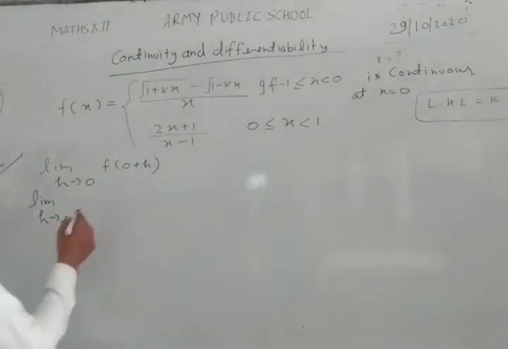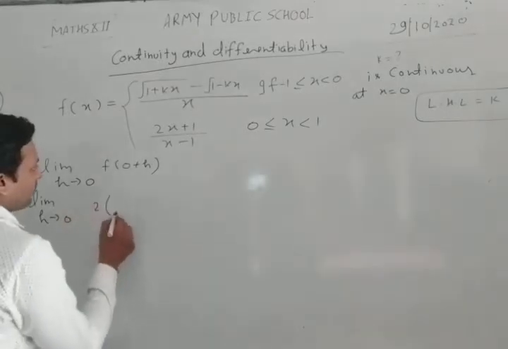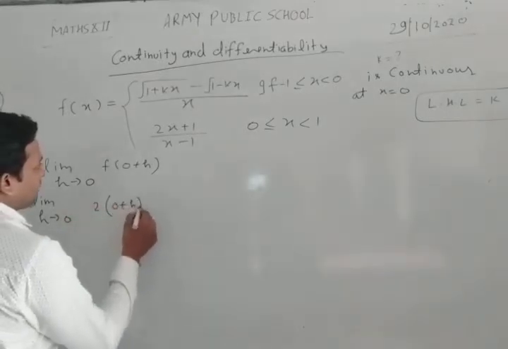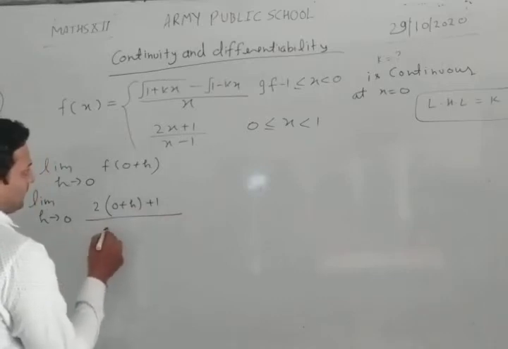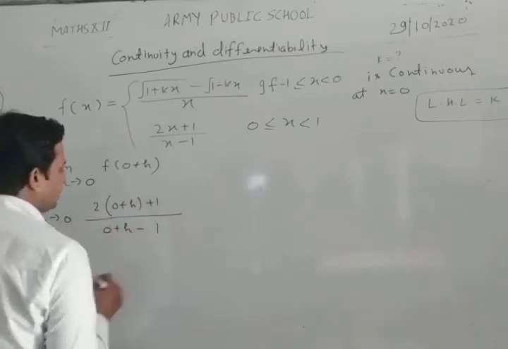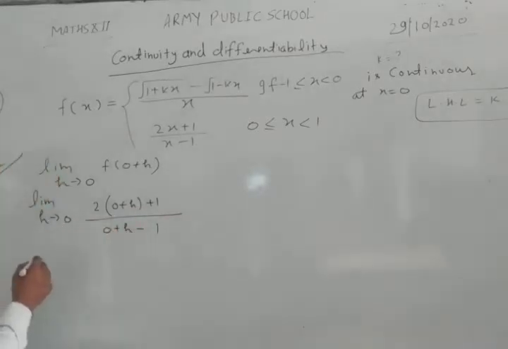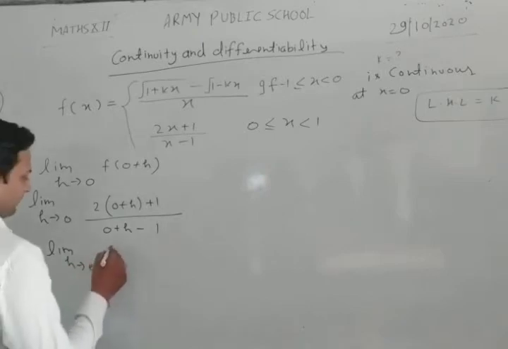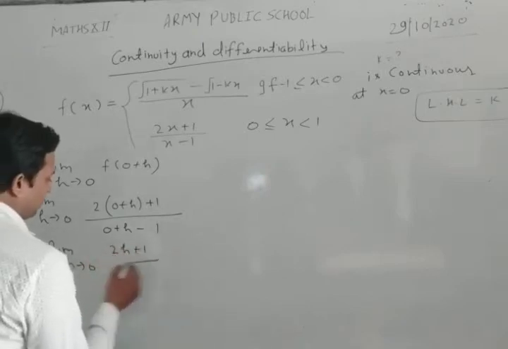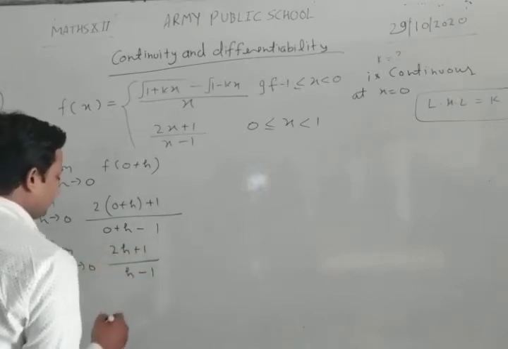So we replace it with 2 times (0 plus h) plus 1 divided by (0 plus h) minus 1. Now without the limit, we have 2h plus 1 by h minus 1.